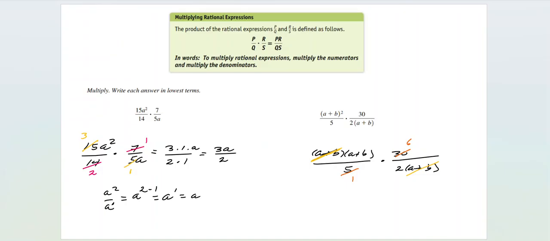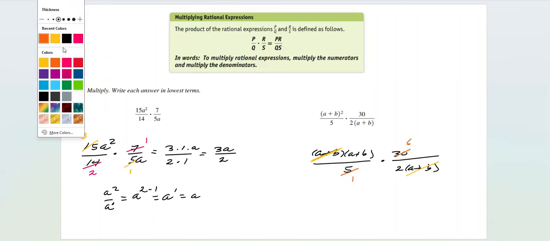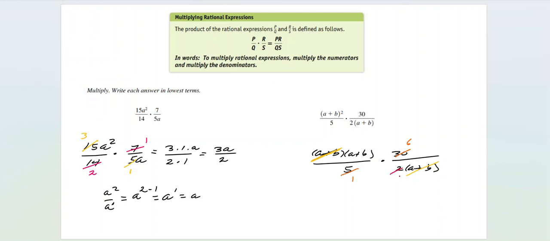And then we're going to simplify 6 and 2. So 2 divided by 2 would be 1, and 6 divided by 2 would be 3. So now we're ready. In my numerator, I have the factor (a plus b), and I have this factor 3. So I get 3 times (a plus b).